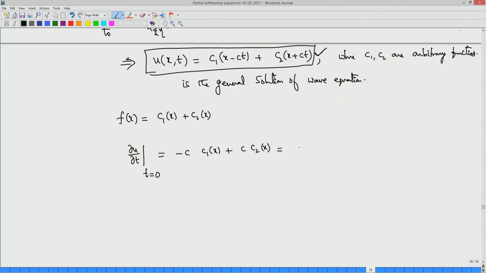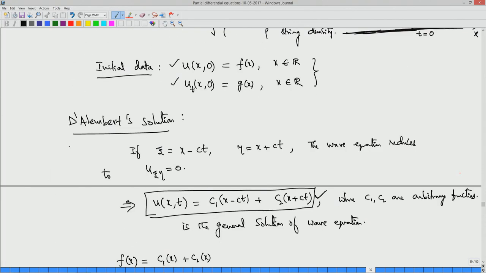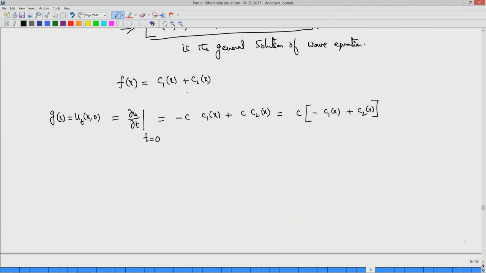So, this is actually equal to, c is common, you have minus C1(x) plus C2(x). This is given as u_t at (x,0), this is my g(x), that is what is given, okay. This is your second initial condition, this is true for every x.